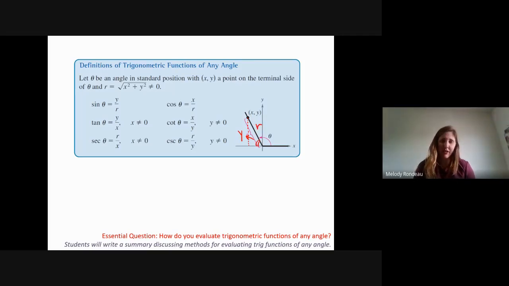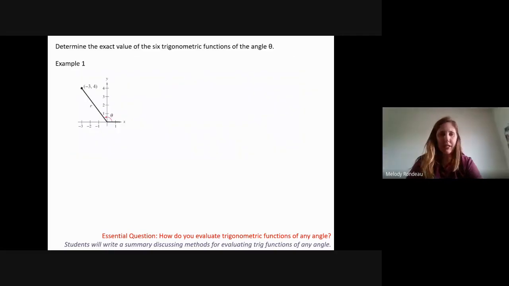So there you can see the y over r, where that comes from. The y is the opposite and the r is your hypotenuse. If you do that with all of those, you would end up getting all of those different ratios. You have them there for reference, so I'm just going to scoot past that.